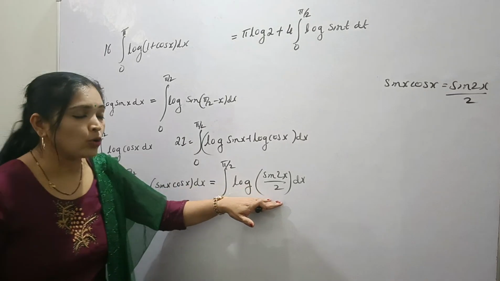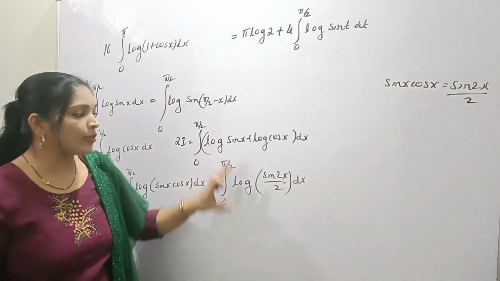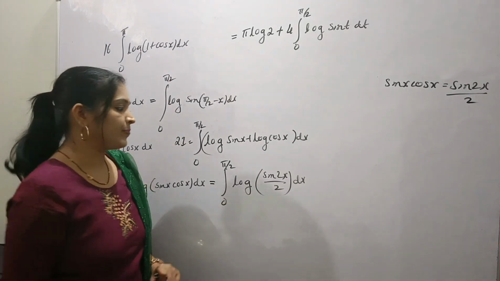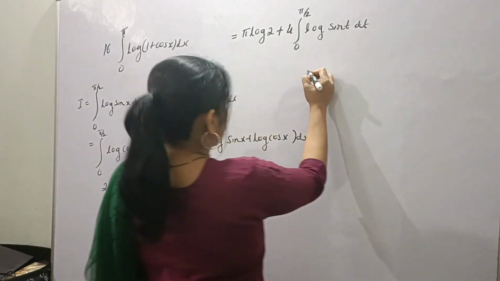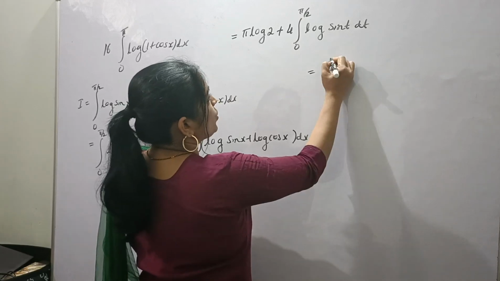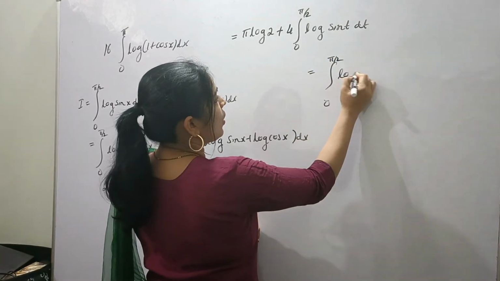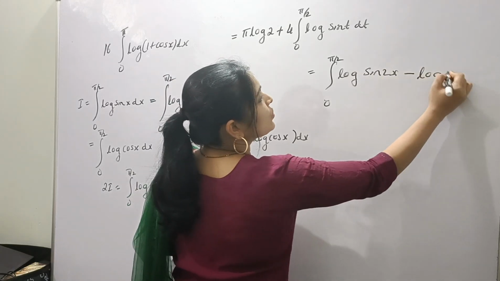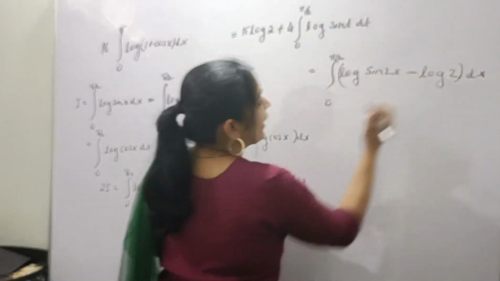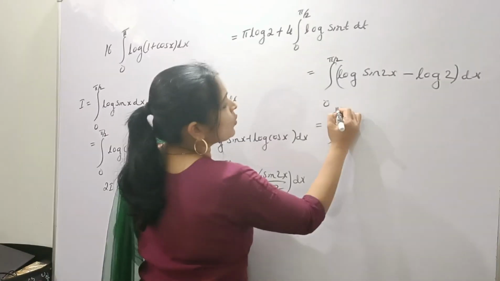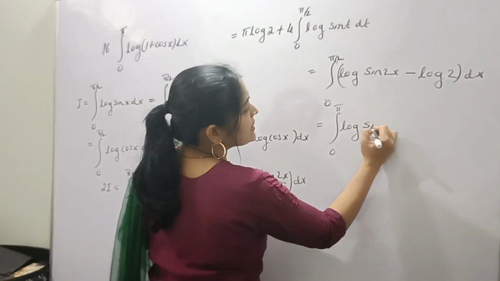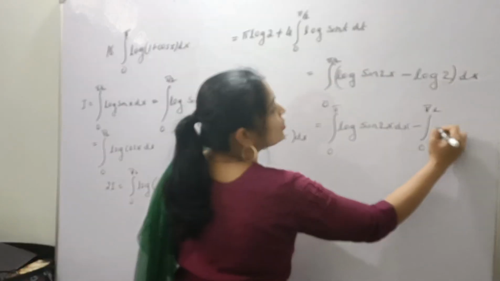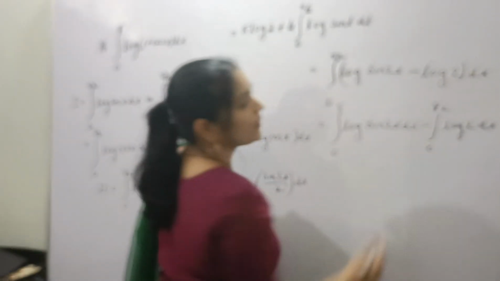Again we have to apply a logarithmic rule. It is in the form of log x by y, which is log x minus log y. That is equal to integral 0 to pi by 2 of log sin 2x minus log 2 dx. So that is equal to integral 0 to pi by 2 of log sin 2x dx minus integral 0 to pi by 2 of log 2 dx.